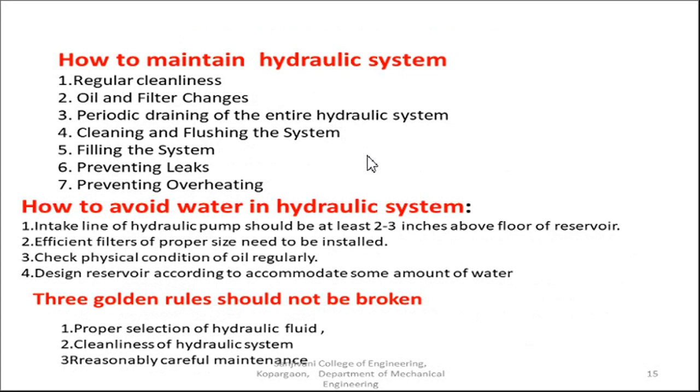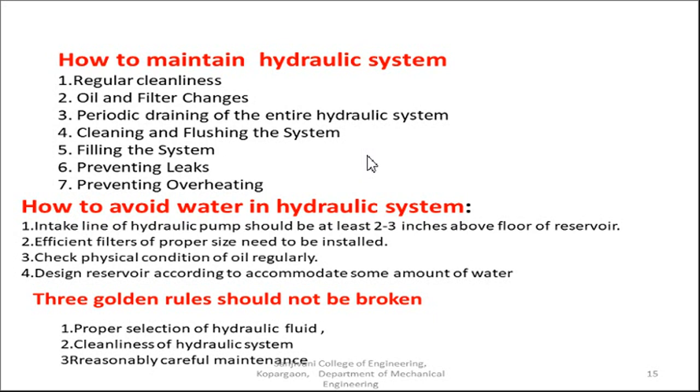First, regular cleanliness is important. Second, oil filter change at periodic intervals. Then draining of the system and replenishment of the oil is required. Cleaning and flushing of the system is required. Filling, replenishing, prevention of leaks from the system, and preventing overheating of the system are also required.